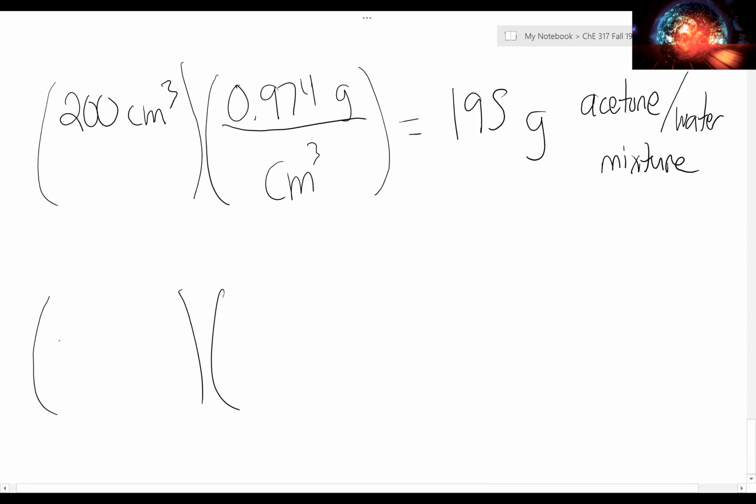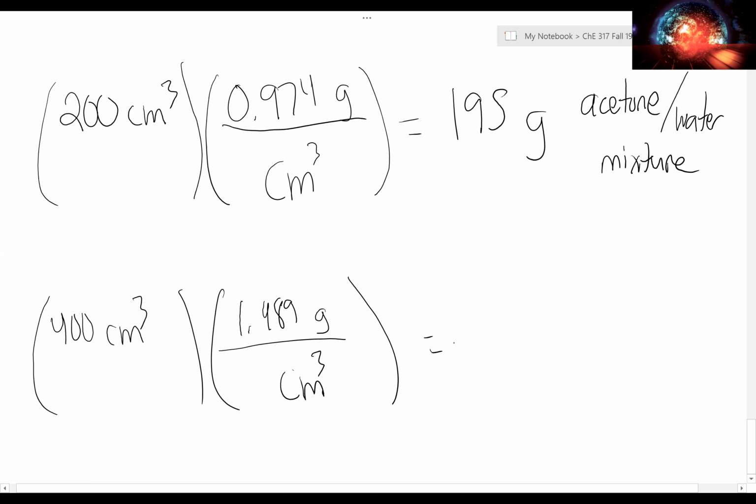Also, for my chloroform, I had 400 cubic centimeters, and its density was about 1.489 grams per cubic centimeter, and so that mass is 596 grams.